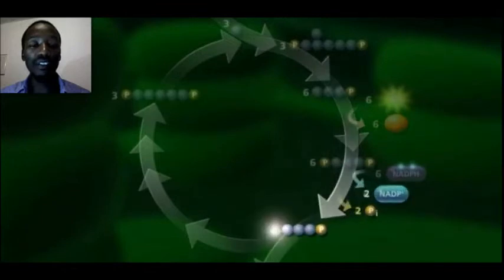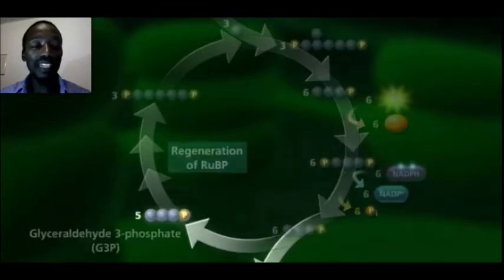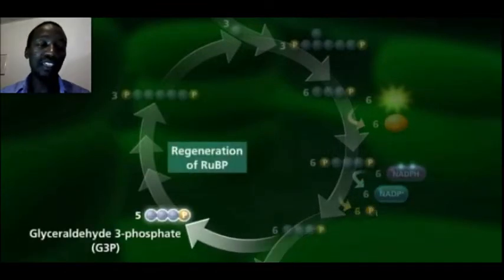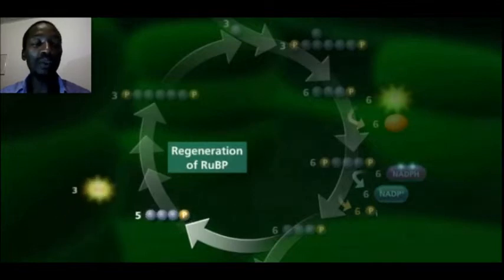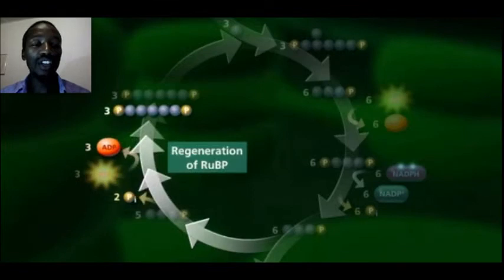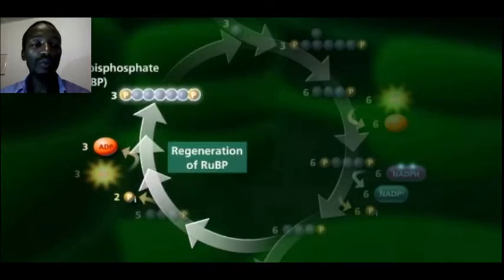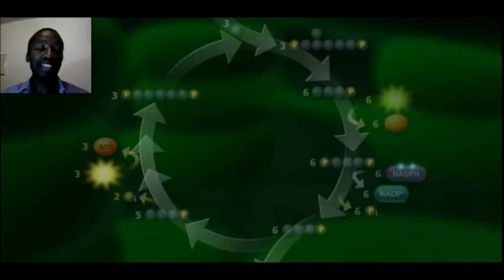From that reduction process, we get oxygen given off, and we proceed with the glyceraldehyde triphosphate. Now we are approaching the regeneration of rubisco. There, rubisco is regenerated again, and the process starts again.